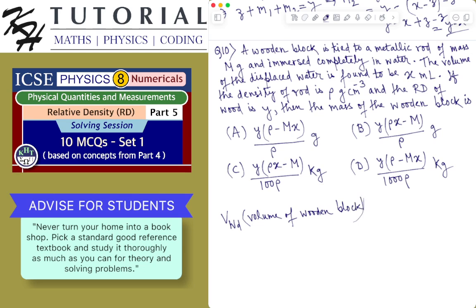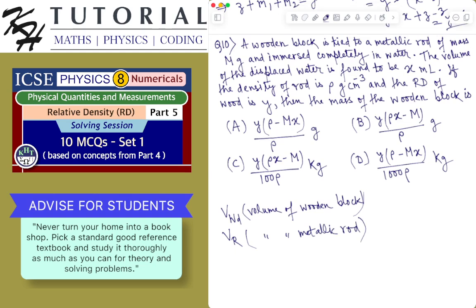And similarly, let's say R, a metallic rod, B, the volume of the metallic rod. So we can say the total volume of the wooden block and the metallic rod should be equal to the volume of the displaced water.